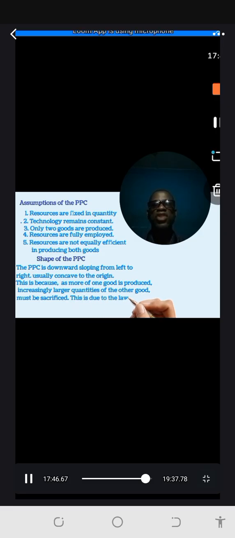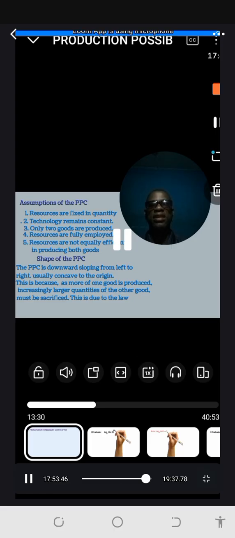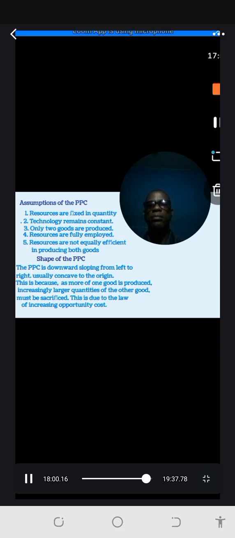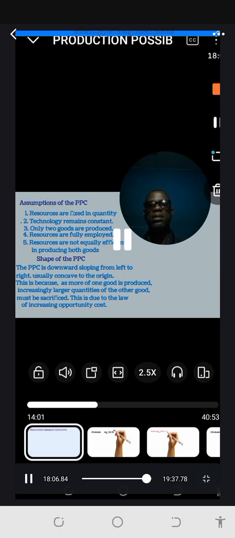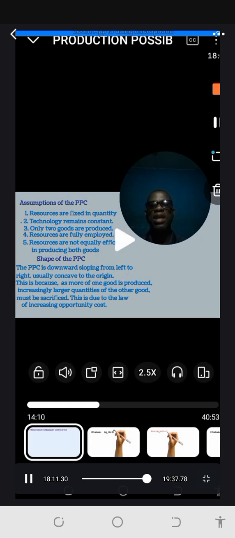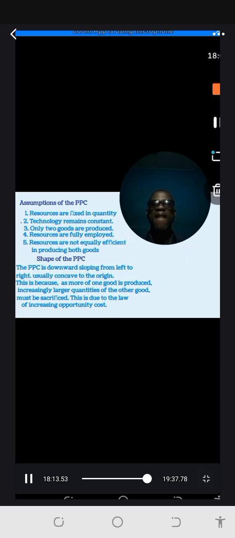As long as the production of one of these commodities is increased, there will be less production of the other commodity, and that is where opportunity costs come in.